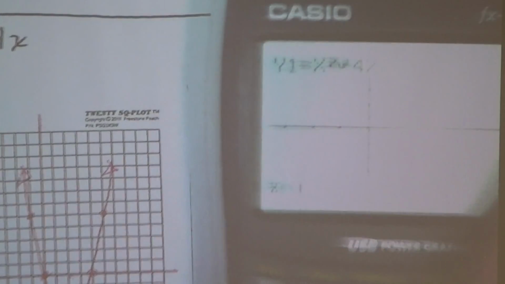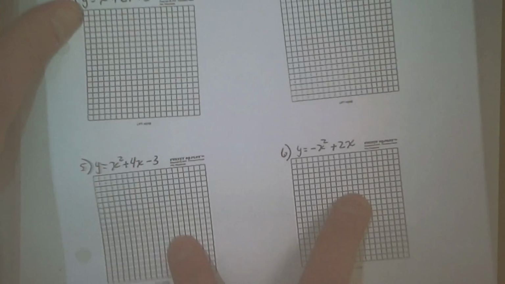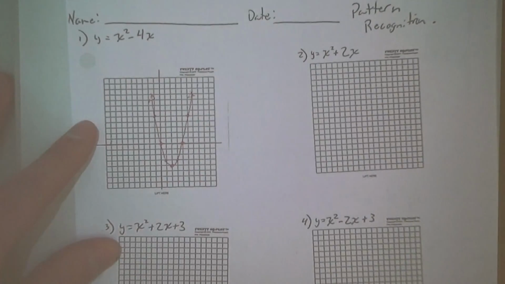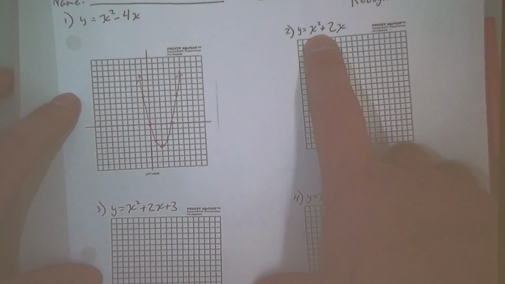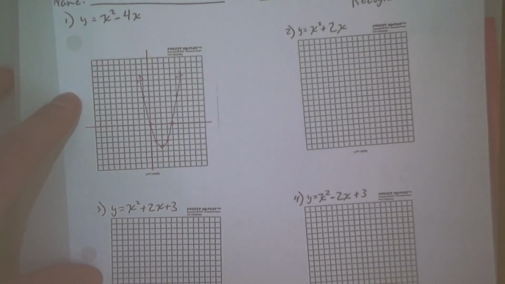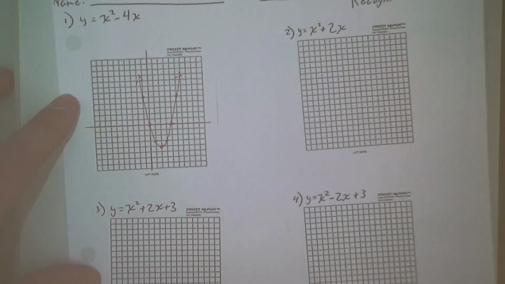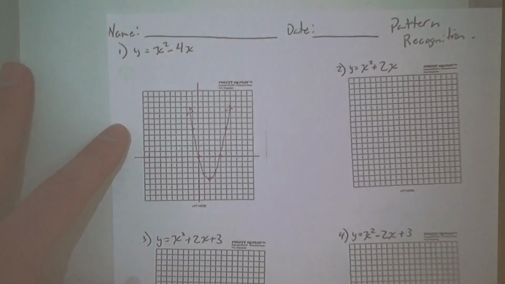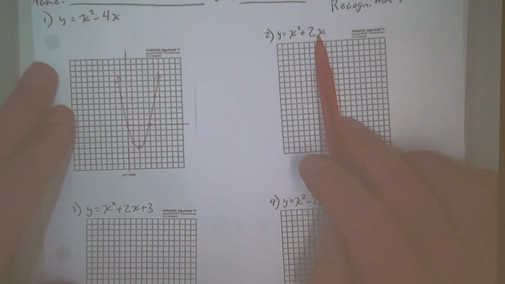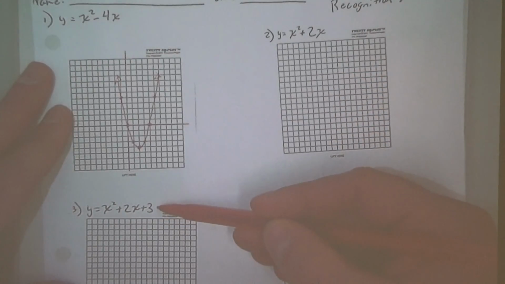You're using your graphing calculators if you choose to graph these parabolas, all 6 of them, drawing them on here. Then you're looking at that function and we're looking for similarities. How is this function similar to another function on here? How is number 1 similar to another function on here? x squared plus 2x is very similar to x squared plus 2x plus 3.